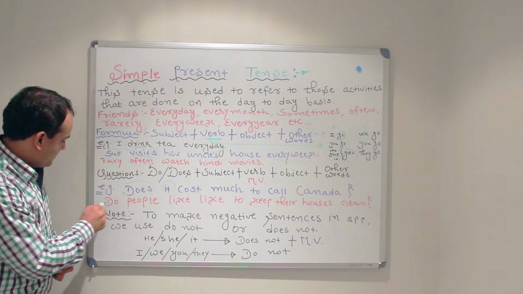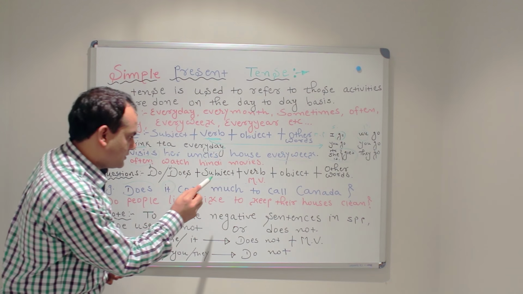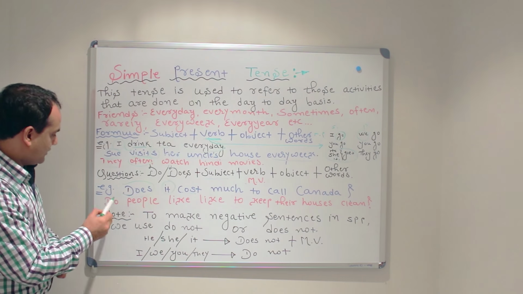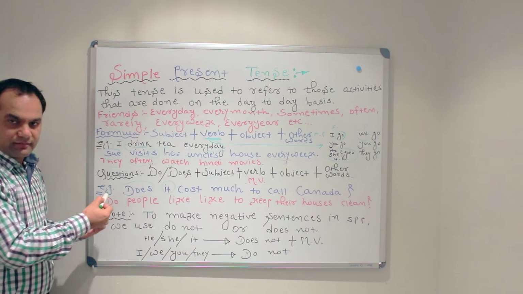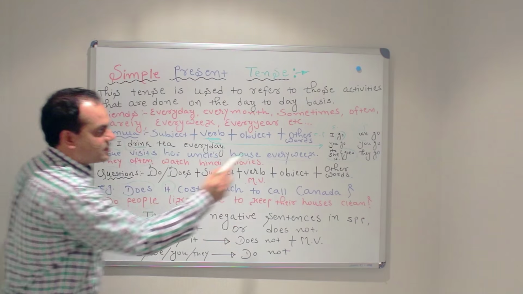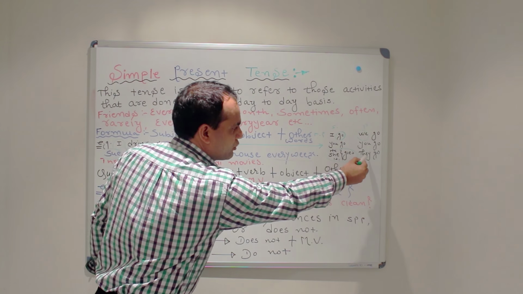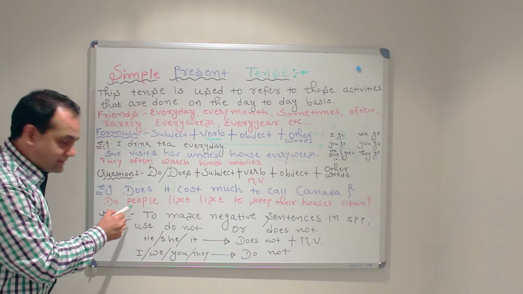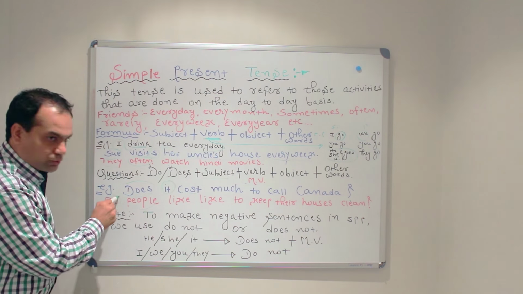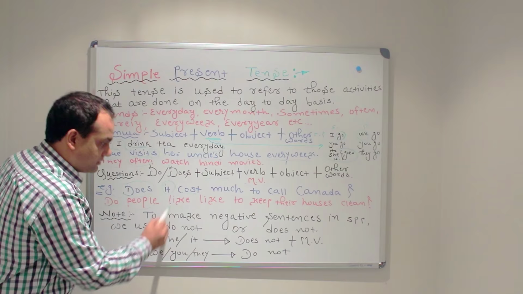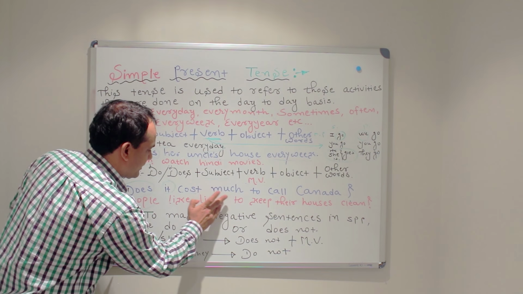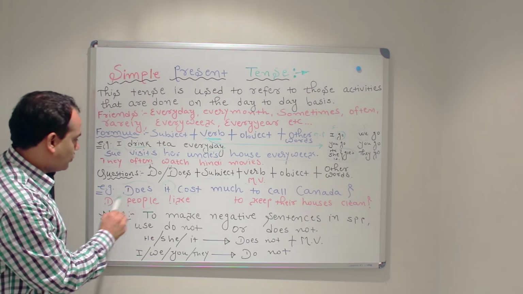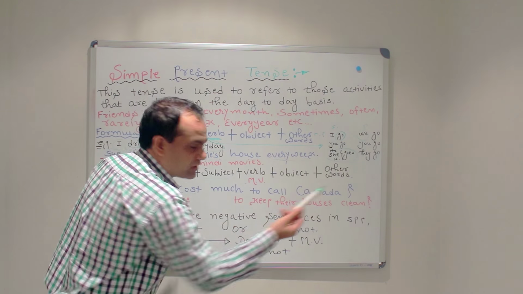Second example. Do people like to keep their house clean? Great. So, why did we use do here? Because people is third person plural. We are talking about they. So, people is the subject in this sentence. So, we have used do. Do people like to keep their house clean?